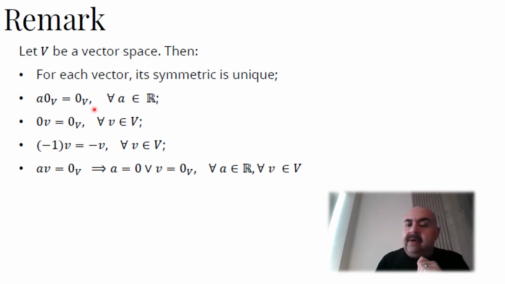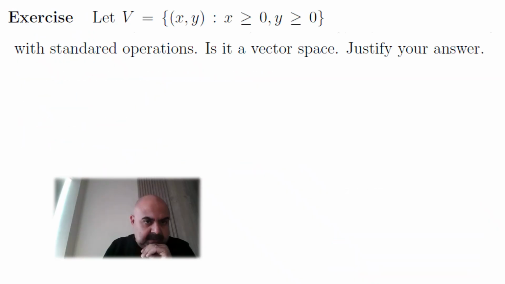The existence of the origin: if you have an origin for V, it will be the origin for the vector space. The negation: multiplying a vector by a negative value will result in a vector that belongs to the vector space. Multiplying by a number, in a similar way, will give a vector that belongs to the vector space. So it's really very important.